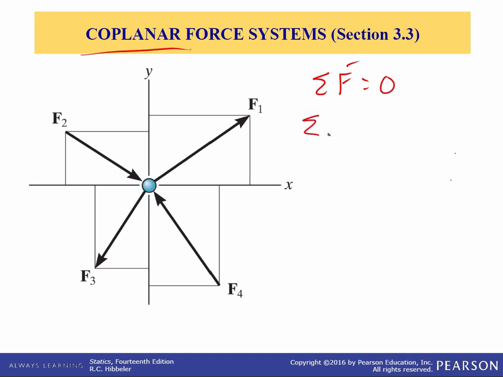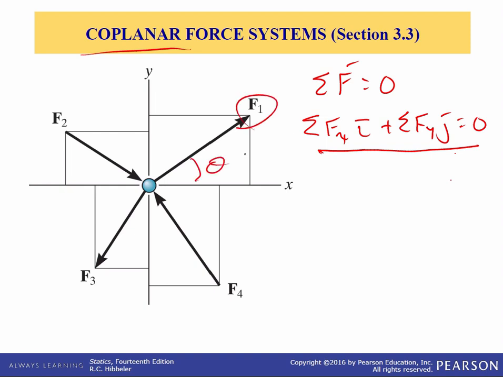Which also means summation of forces in the X, in the I direction, plus summation of forces in the Y, in the J direction is equal to 0. Now these are two equations in a 2D vector equation, so they can be solved for at most two unknowns. And generally those unknowns are either the magnitude of the force or perhaps the direction of the force vector.